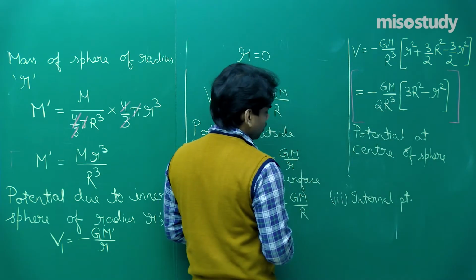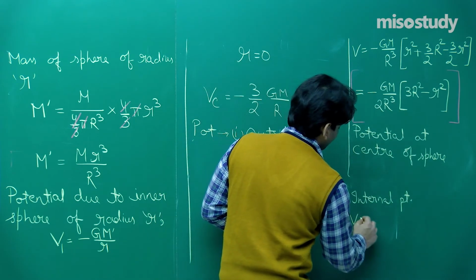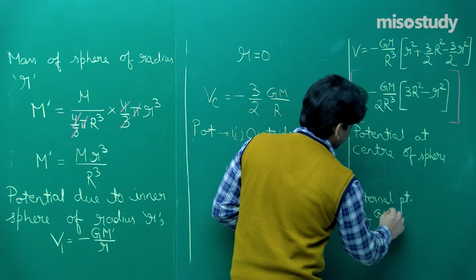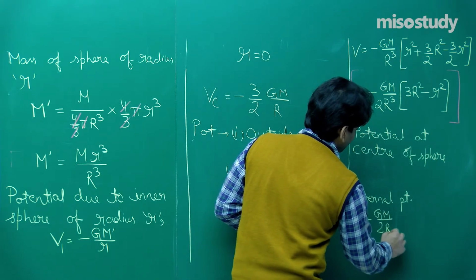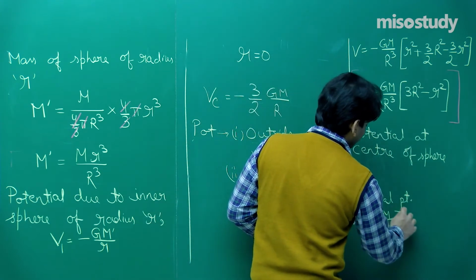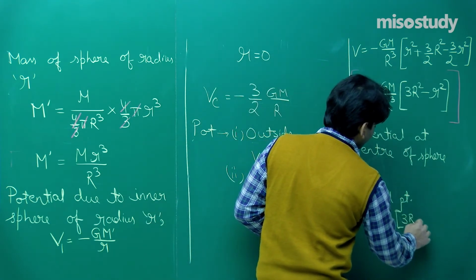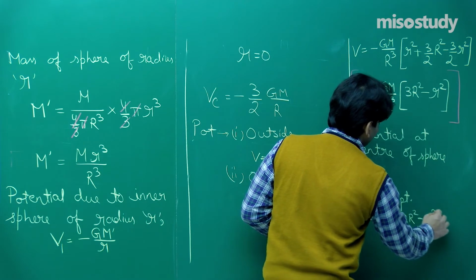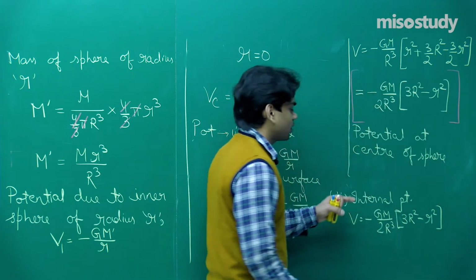That is minus GM by 2R cube multiplied by (3R square minus r square). This is what we have obtained.